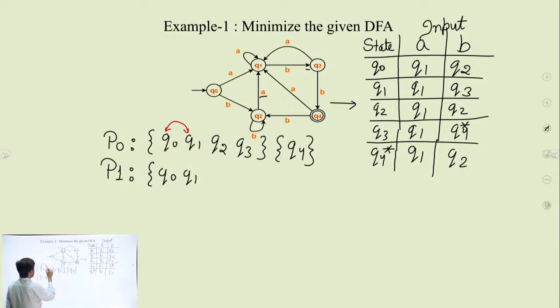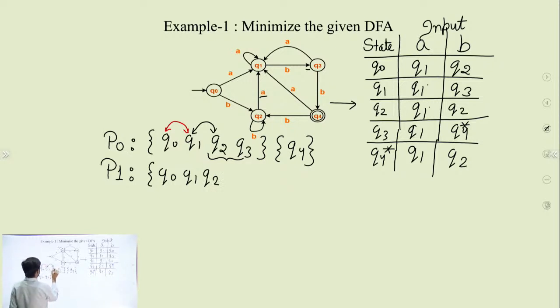Now similarly compare Q0 and Q2, or Q1 and Q2, because Q0 and Q1 are in the same set. So Q1 and Q2: both go to the same state, so they belong to the same set. Q2 and Q3 are in the same set too. So Q2 will come together with Q1, and Q0, Q1, Q2 come together.